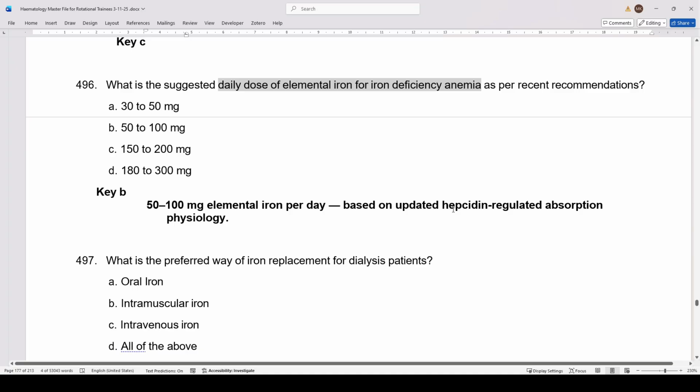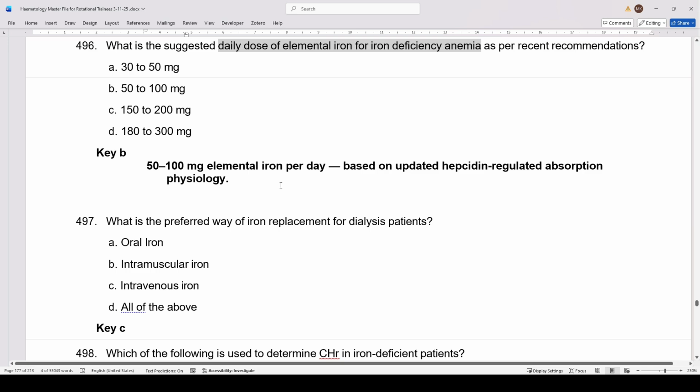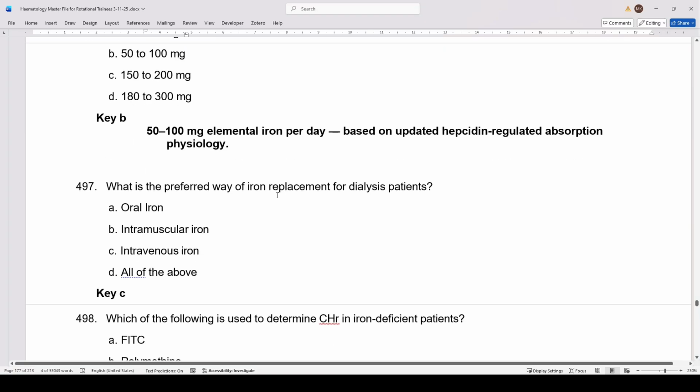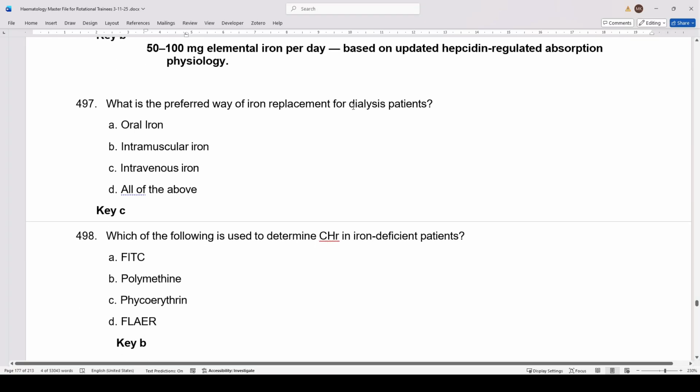Hepcidin will not allow absorption of iron from the enterocytes, and all the iron will be wasted, and that causes other side effects of the iron. So it is better to give a single dose to the patient, and even on alternate days the patient will have a good response.